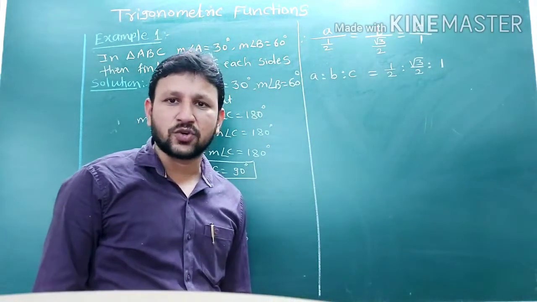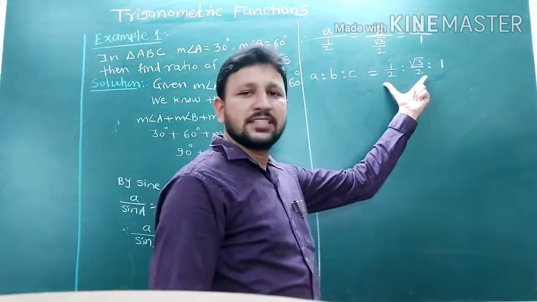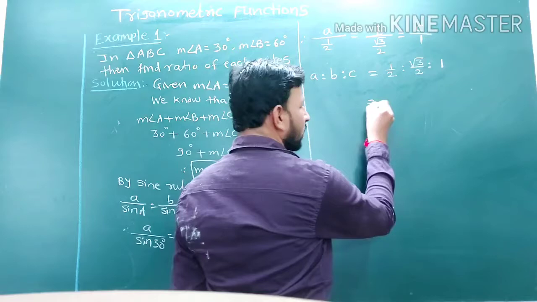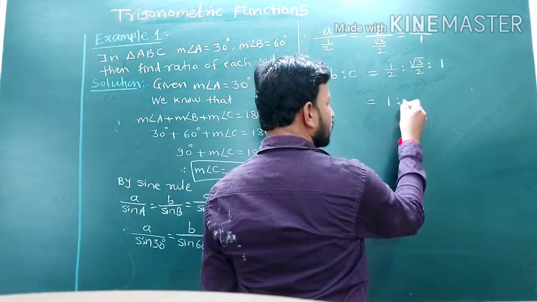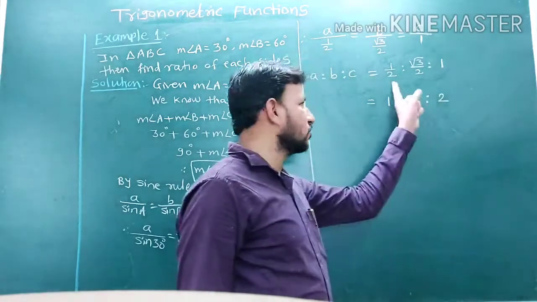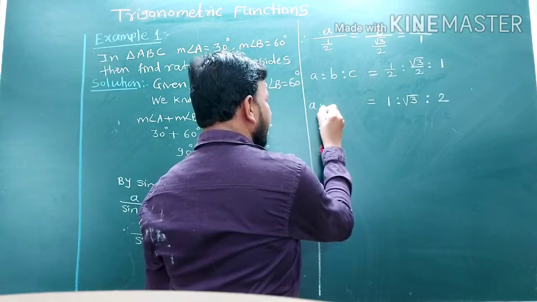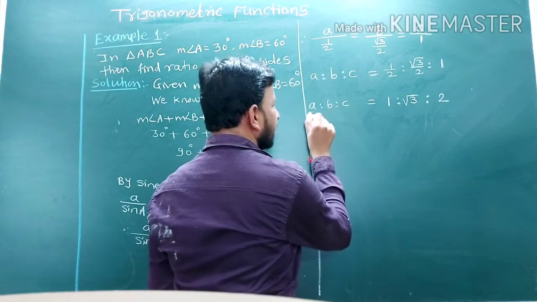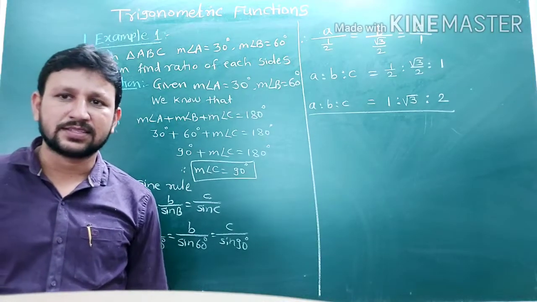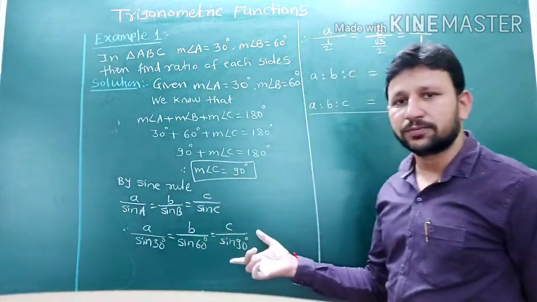For these three ratios, you can multiply by 2 because your denominator is 2, getting it in simple form. After multiplying by 2, the ratio becomes 1 : root 3 : 2. These 2s will be cancelled after multiplication. Hence, the ratio of the sides a is to b is to c is obtained as 1 : √3 : 2. This is the first sum solved using the sine rule.